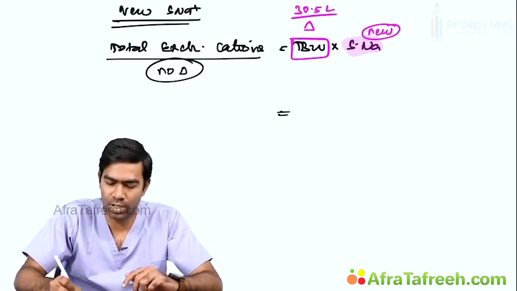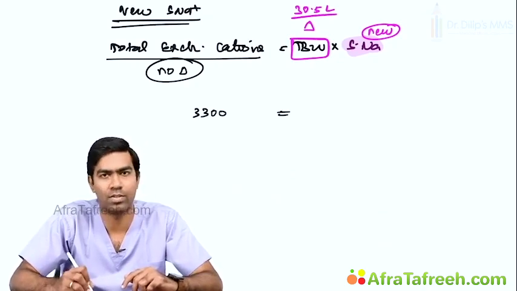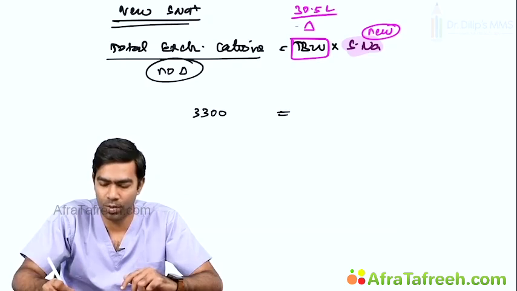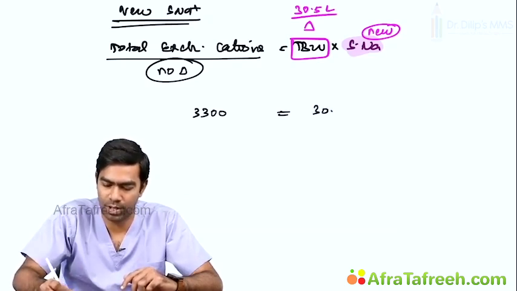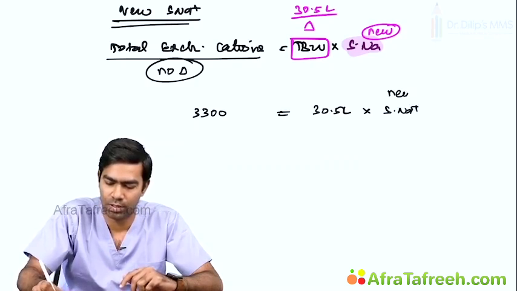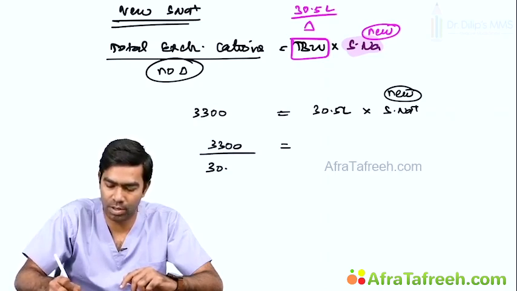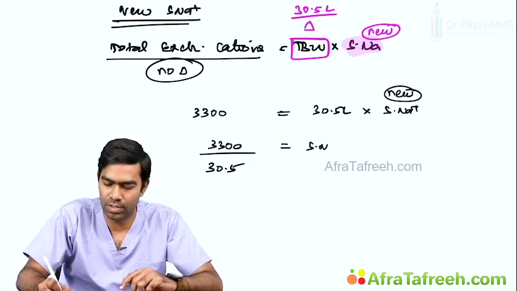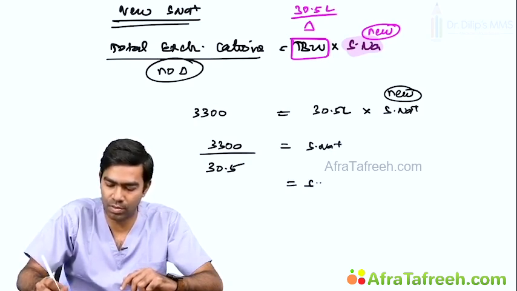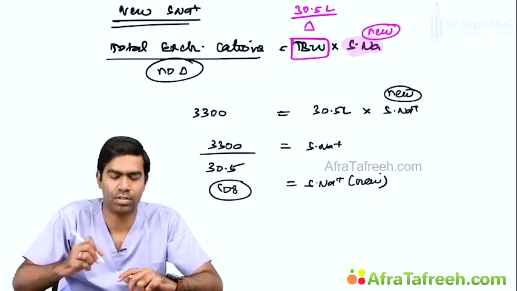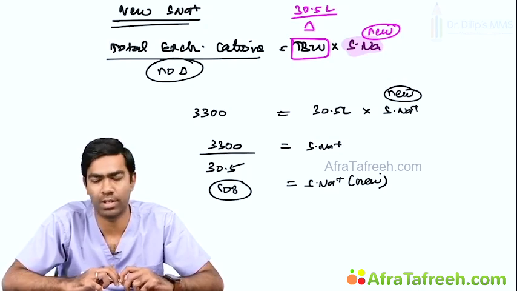Now, I can write that the total exchangeable cations has not changed, that is 3300, and the total body water here is 30.5 liters, and I don't know what the new serum sodium is. So the new serum sodium will be 3300 divided by 30.5, which means the new serum sodium must be equal to just 108 milliequivalents per liter.